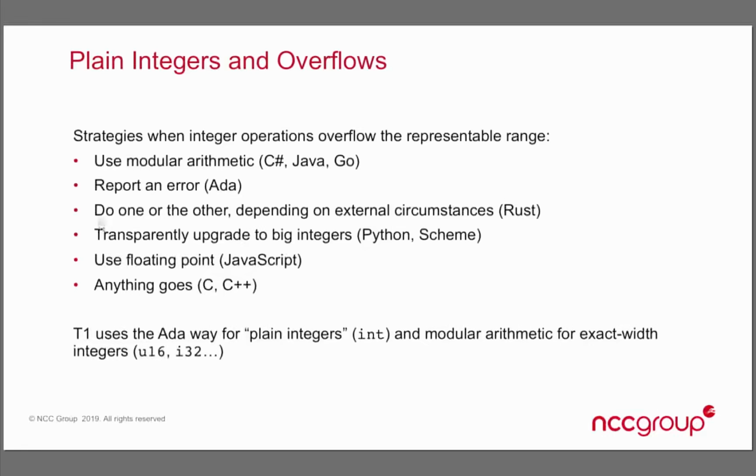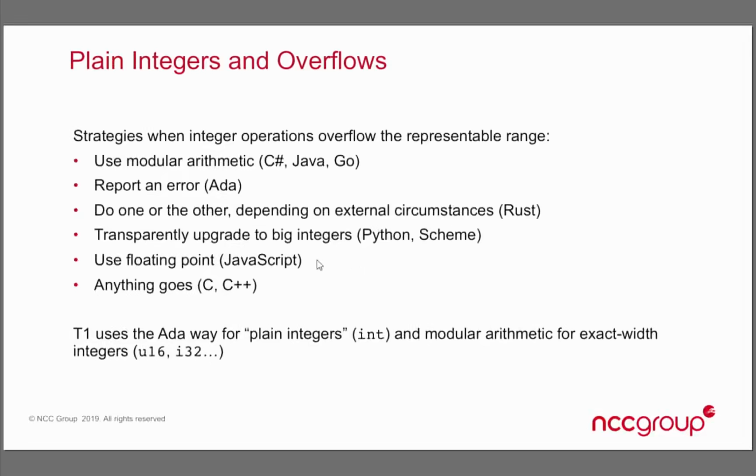And in Python or Scheme, most Scheme implementations, when you go out of range, we don't go out of range. It just automatically switches to big integers with dynamic memory allocation, which is nice, but it requires dynamic memory allocation. In JavaScript, it's doing something weird, which is to use floating point instead of integers.